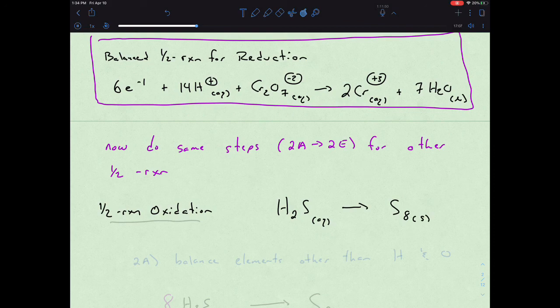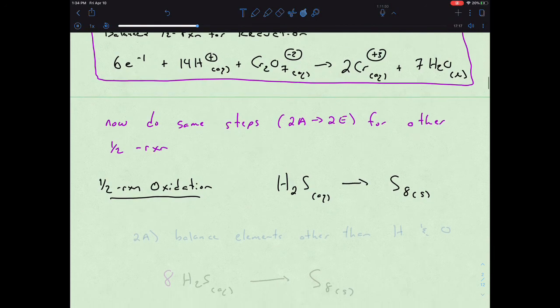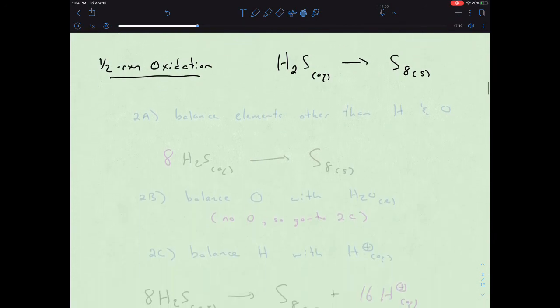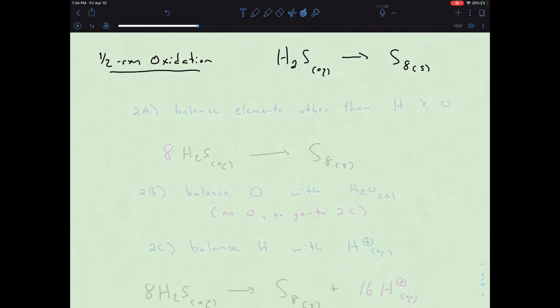And so just to remind us, this was our half reaction for the oxidation, looking at the sulfurous acid being oxidized to produce S8.